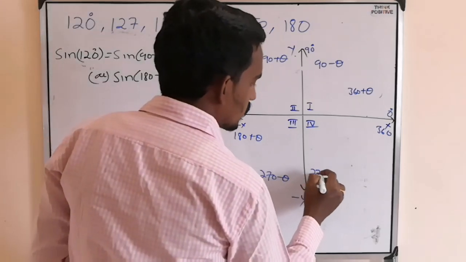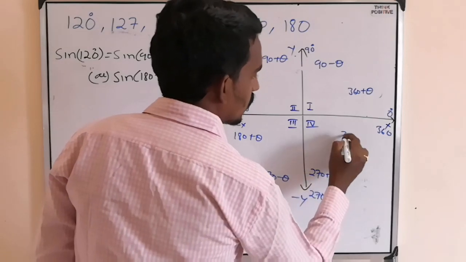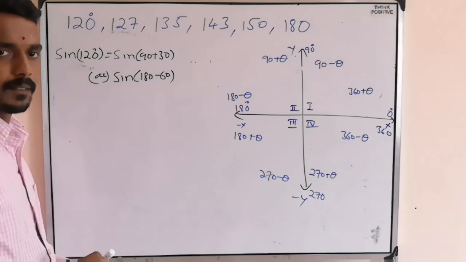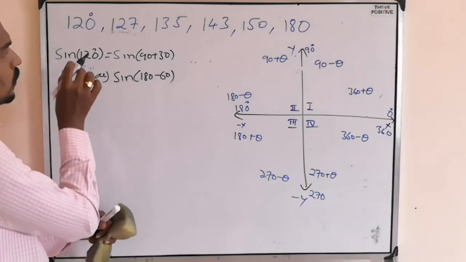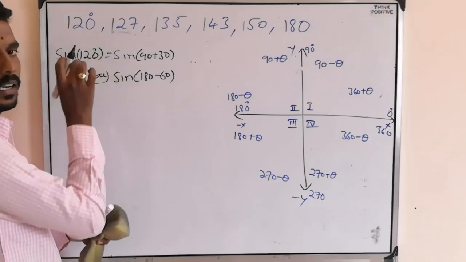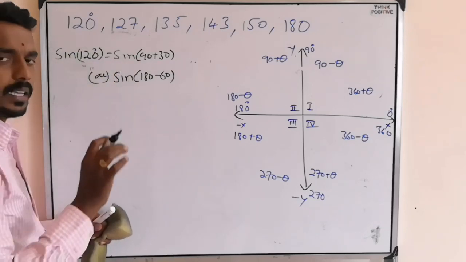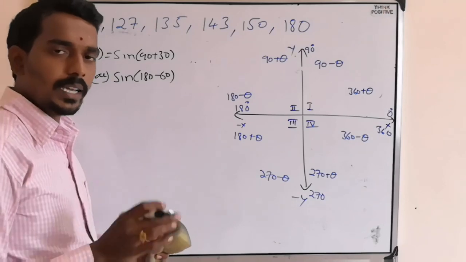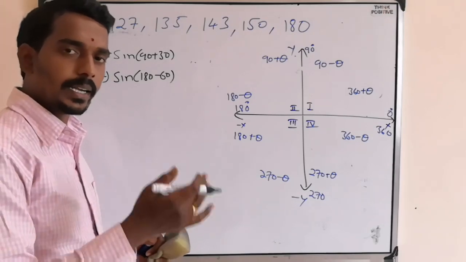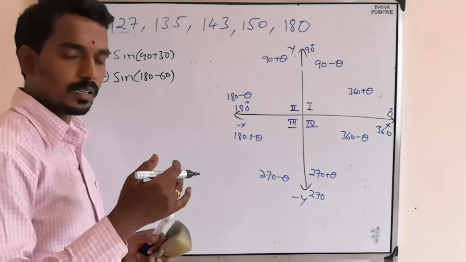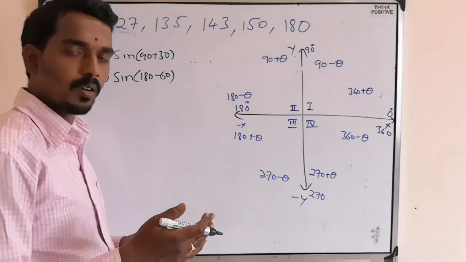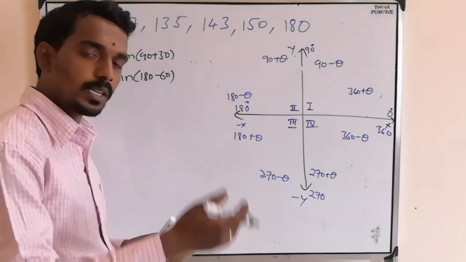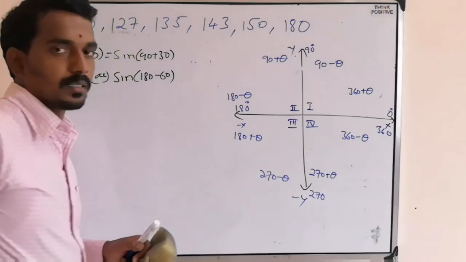Fourth region means 270 plus or 360 minus. Now, when you take an angle greater than 90, you always need to think whether we can write 90 plus or 90 minus, 90 plus or 180 minus, 180 plus or 270 minus, or 270 plus or 360 minus.